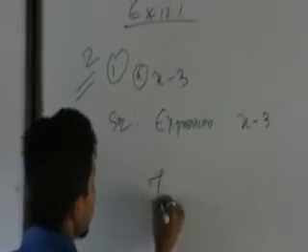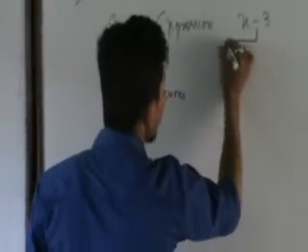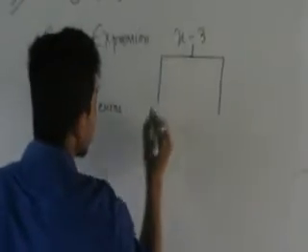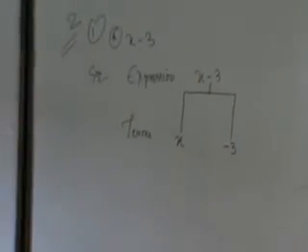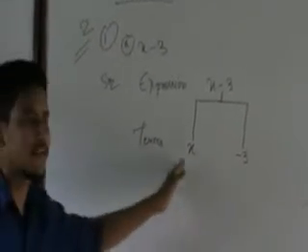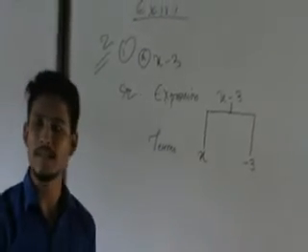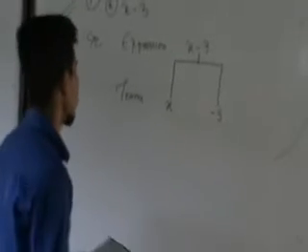Now the next will be your term. How many terms do you have here? You have two terms: x and minus 3. Now we have to find the factors, but it is already a factor. We have only single digit numbers, so the factors cannot be factorized again. So we cannot find the factor for this.